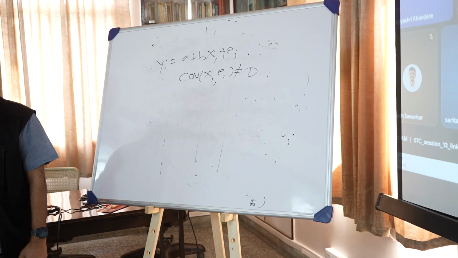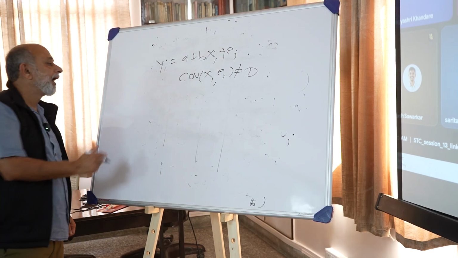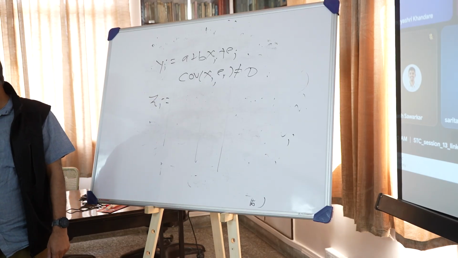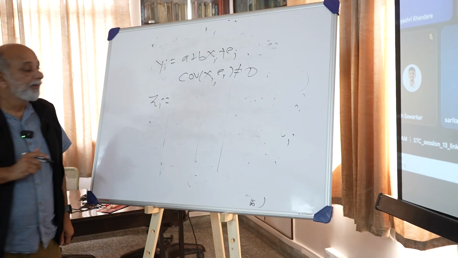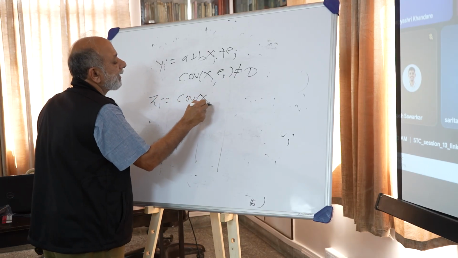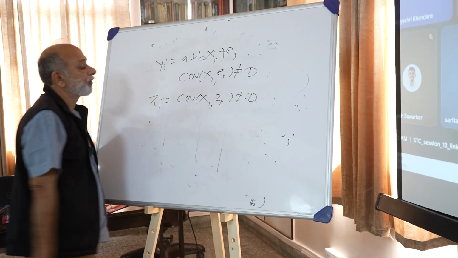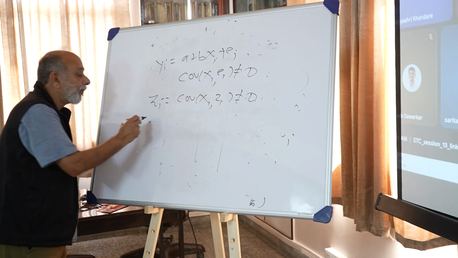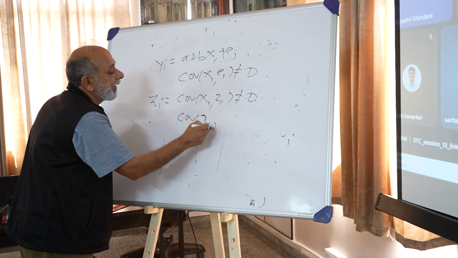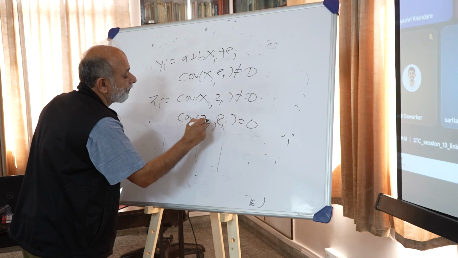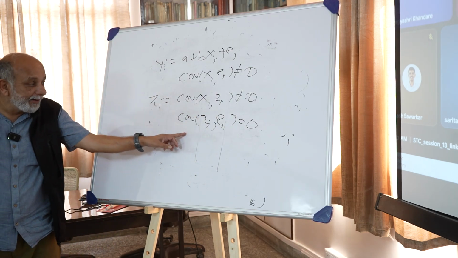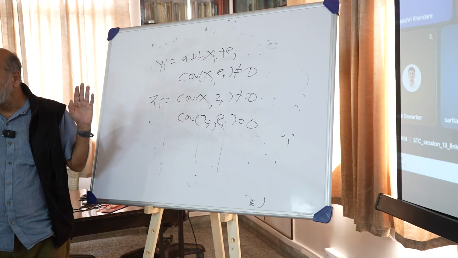Then the idea is I introduce a third variable called zi, which has 2 properties. First, covariance of xi and zi is not equal to 0, so x is correlated with z. But covariance of zi and ei is equal to 0, so z is not correlated with the error term.